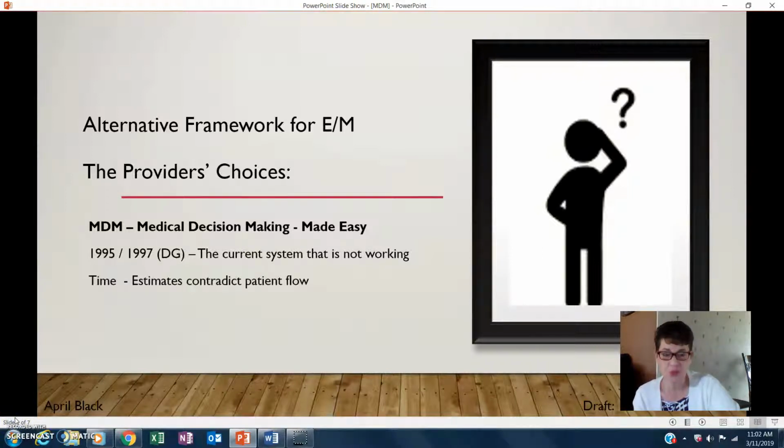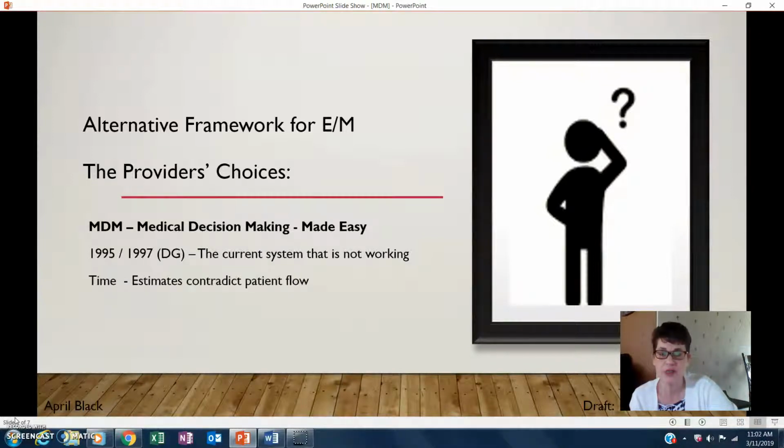Let me remind you of the one constant element that is always required, and is the overarching reason and rationale for payment: medical necessity and medical decision making.